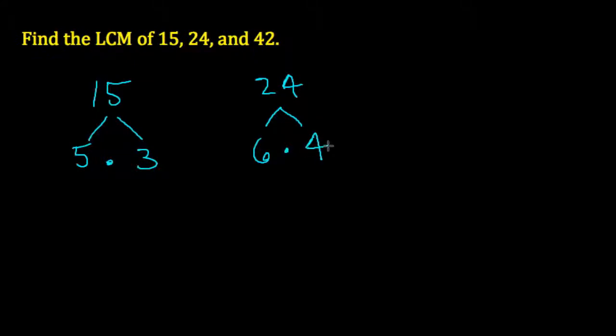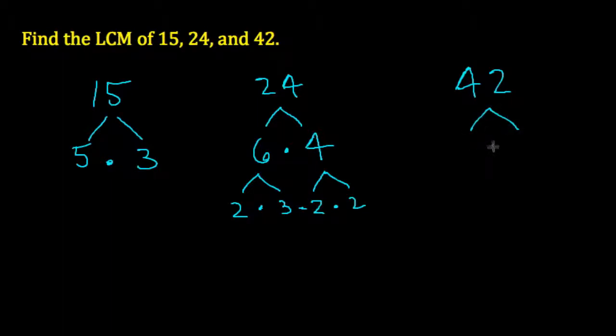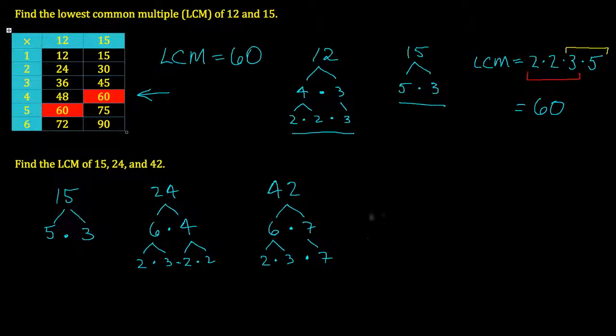Both of those numbers are still composite. 6 breaks down to be 2 multiplied with a 3, and the 4 is a 2 multiplied with a 2. And then finally 42, maybe a little more difficult for some of us, but I recognize that it comes from my 7 times table. It is 6 times 7. 7 is prime, but 6 is composite, so we must break that down into 2 times 3 times 7.